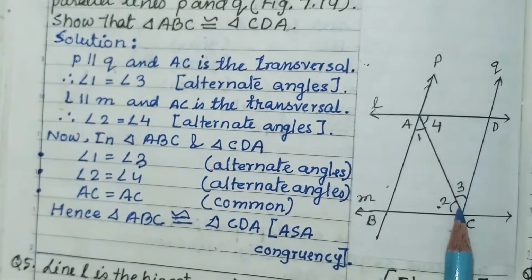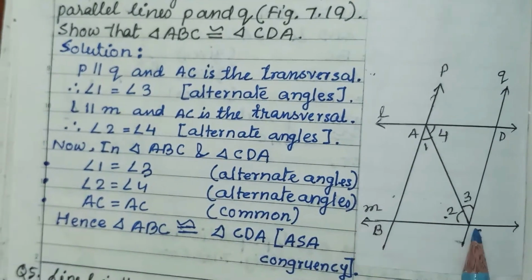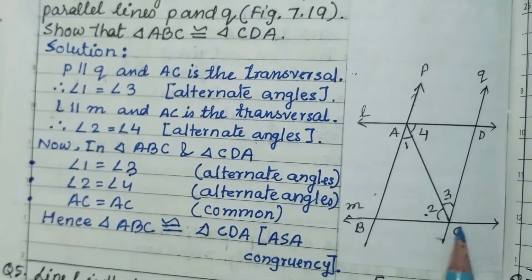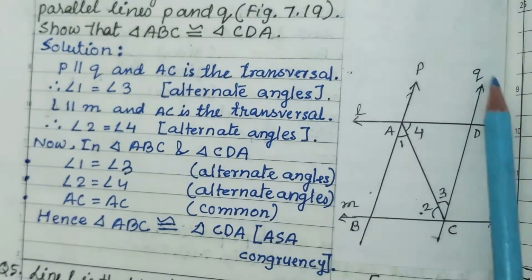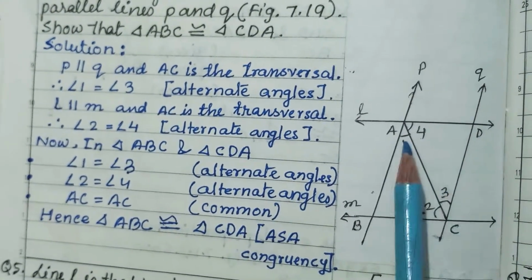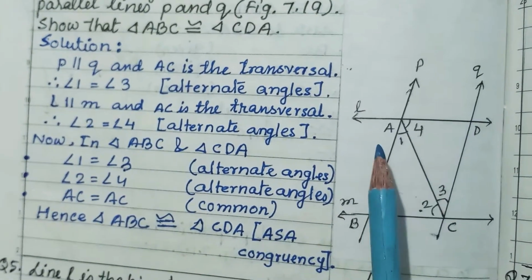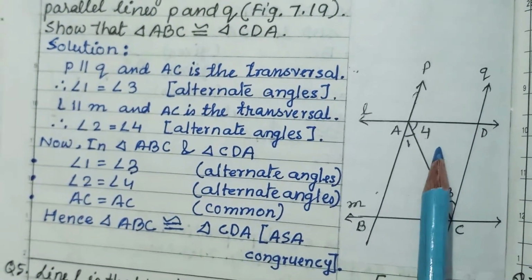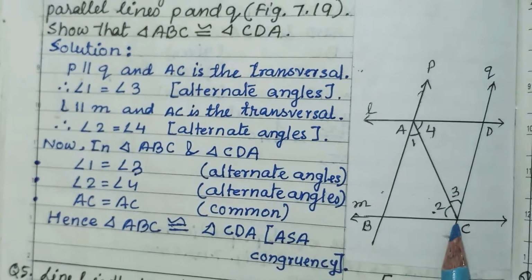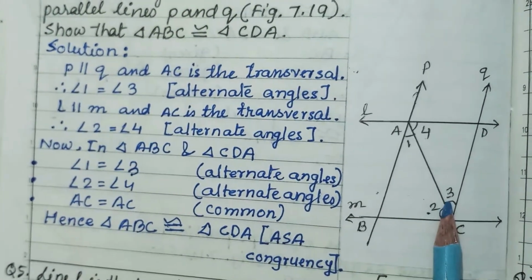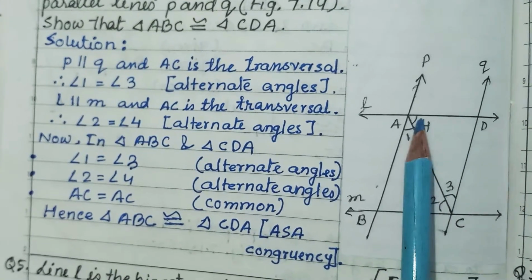PQ and LM are parallel, L is parallel to M and P is parallel to Q, and they intersect each other. Now we have to prove triangle ABC is congruent to triangle CDA.